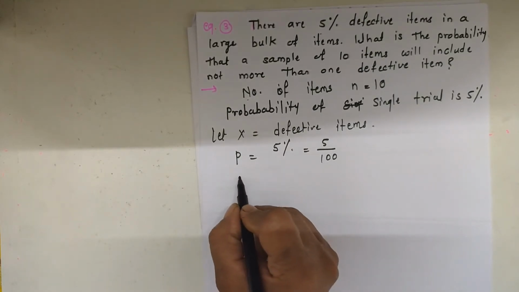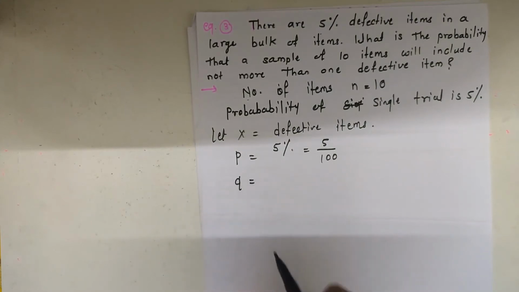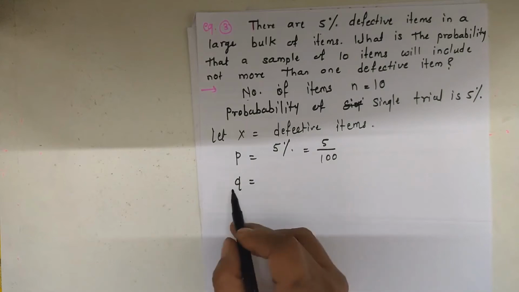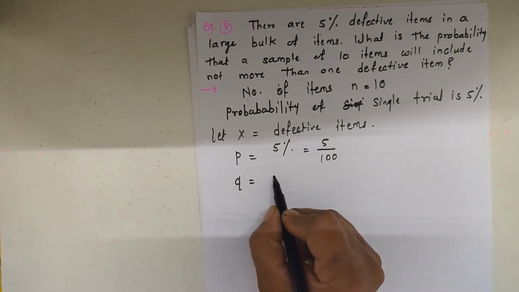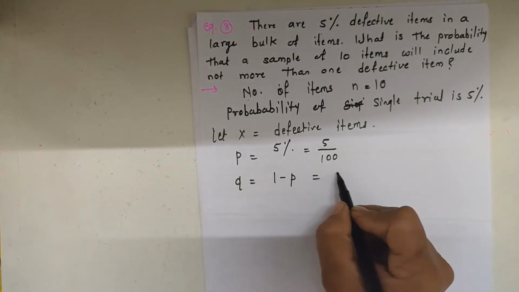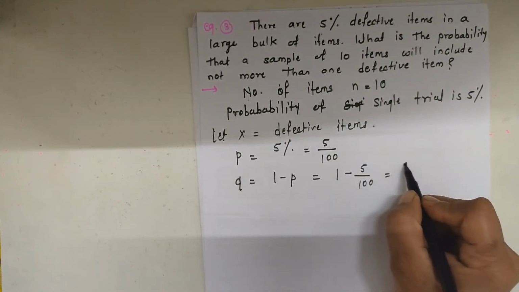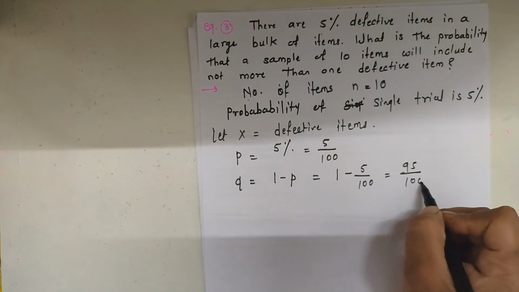Now here we can find out the value of q is equal to 1 minus p, that is 1 minus 5 by 100. We get 95 by 100.